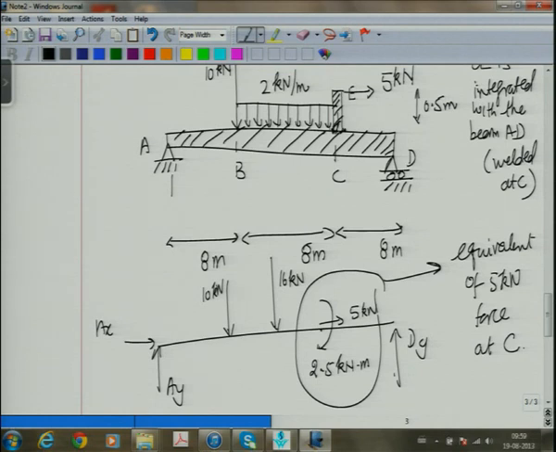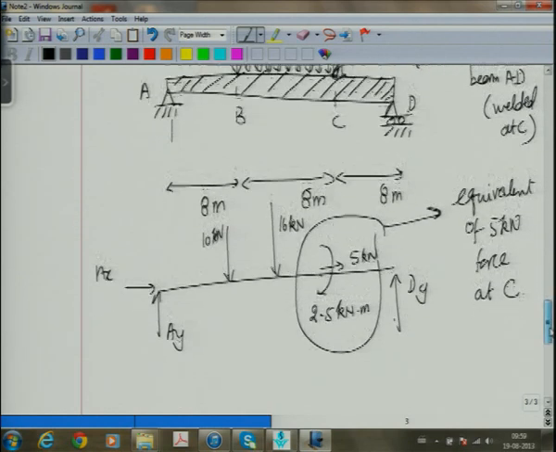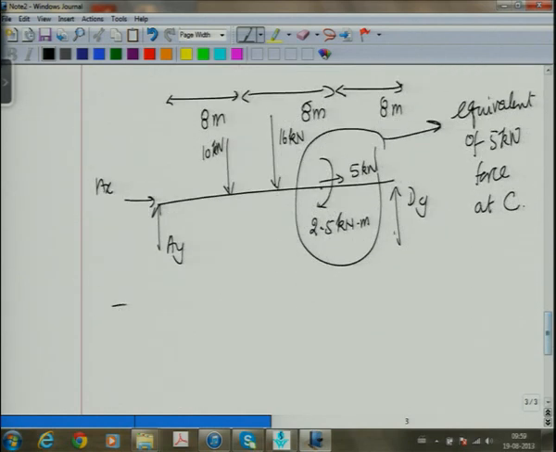Okay. So, once I have this, then I will carry out sigma Fx is equal to 0, sigma Fy is equal to 0. I write these equations. I think you should be able to do this. I will write the answers directly.